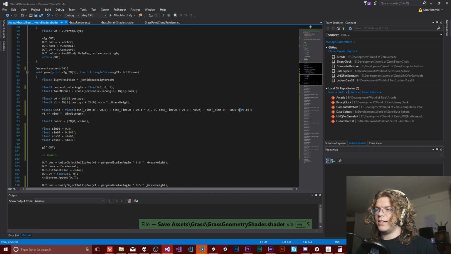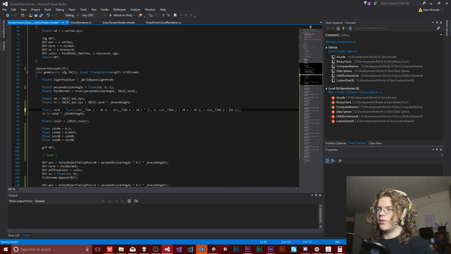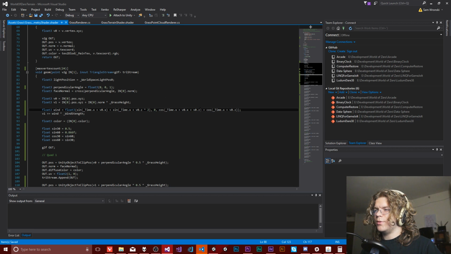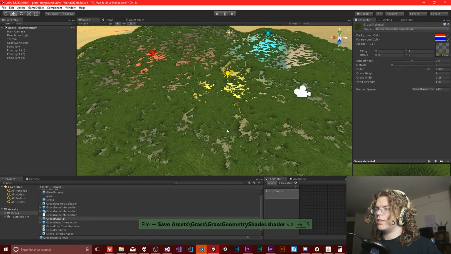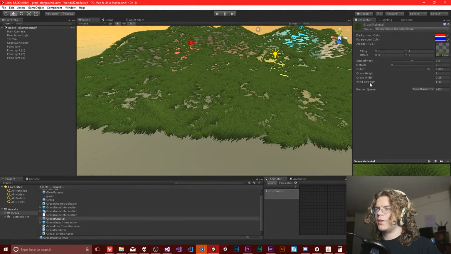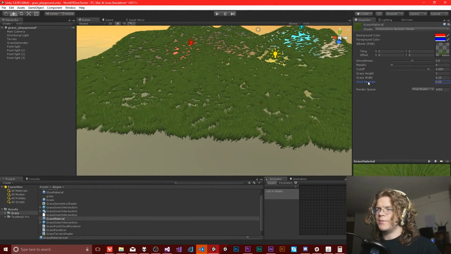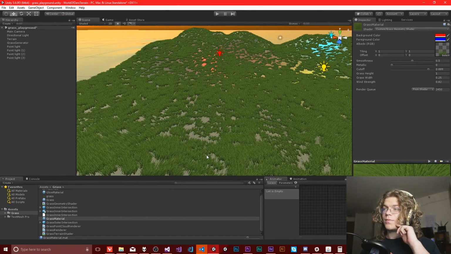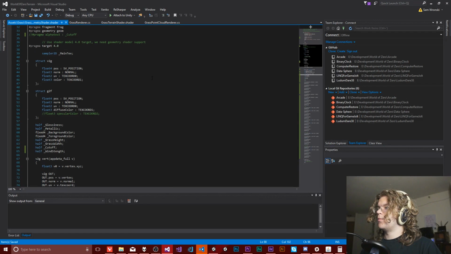I don't know what this will look like. I've never tried it, but we're going to find out because that's what we do. So sine of that, we did z there. Let's do x here and multiply that by 2. This should get us something a little bit more interesting. I'm going to need to multiply this by something because that's super slow.